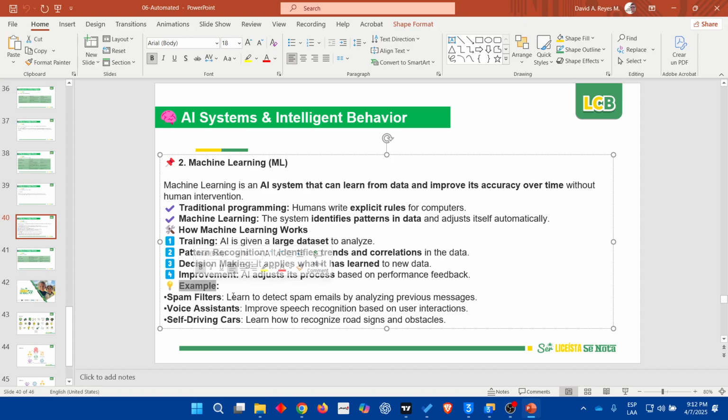Examples: spam filters learn to detect spam emails by analyzing previous messages. Voice assistants improve speech recognition based on user interactions. Have you used Alexa or Siri? If you notice, at the beginning that assistant doesn't recognize all your words.